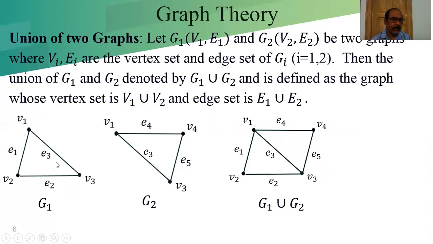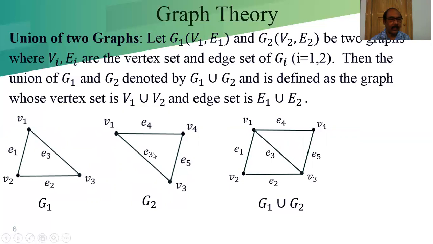Let's see, this is G1 with V1, V2, V3, three vertices, and edges E1, E2, E3. And G2 has V1, E4, V4, E3, E5. What is common in these two? V1, E3, V3 appear in both. Combining, we take the union of the vertex sets and the union of the edge sets.